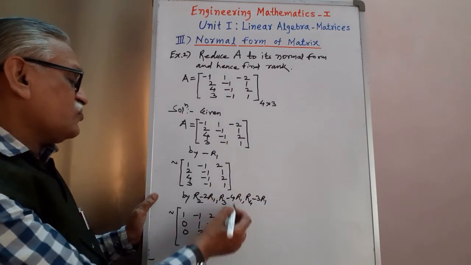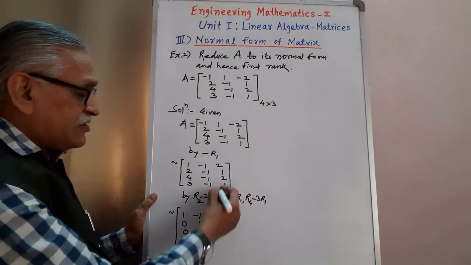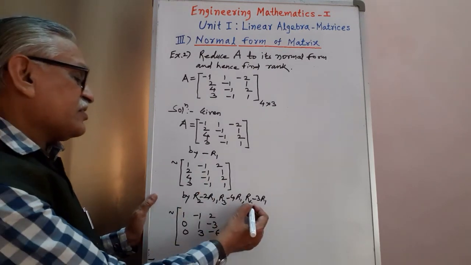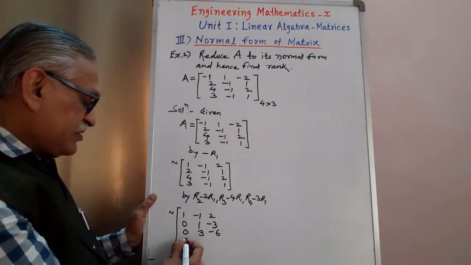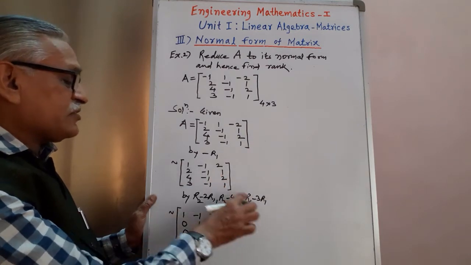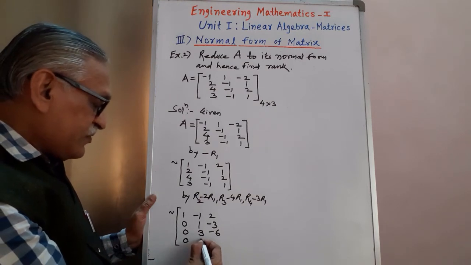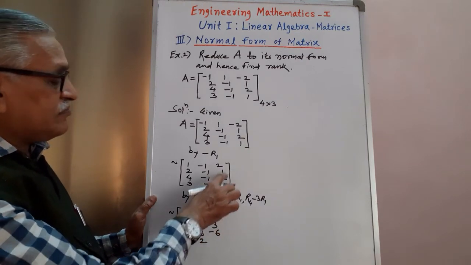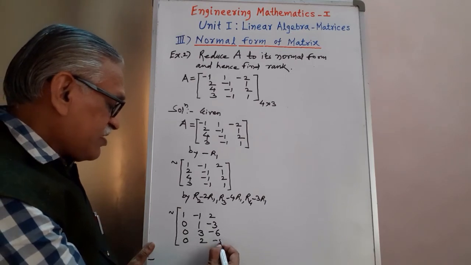Then 2 minus 4 times 2, 2 minus 8 we get minus 6. Next, R4 minus 3 times R1: 3 minus 3 times 1, 3 minus 3 we get 0. Minus 1 plus 3 we get plus 2. 1 minus 3 times 2, 1 minus 6 we get minus 5.